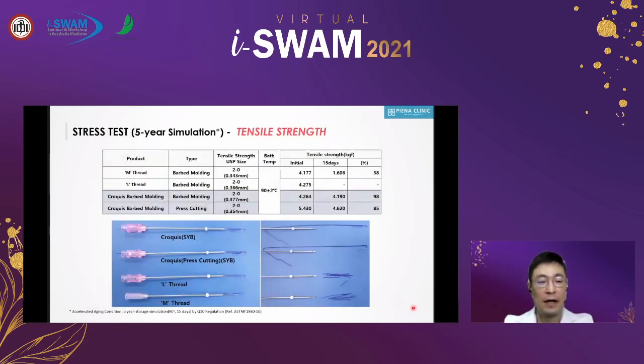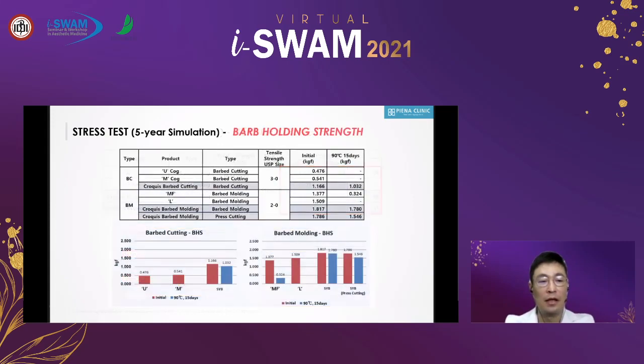In a 5-year simulation test, under the same conditions as the 15-day simulation test at 90 degrees Celsius, Croquis tensile strength remained almost unchanged, while other companies' products significantly lost their tensile strength. The barb holding strength of Croquis in the same simulation test also remained almost unchanged, unlike other products, regardless of the type of cog.